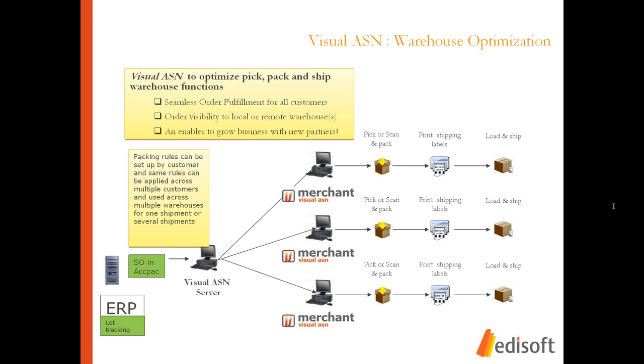Now, I'm also going to emphasize a number of benefits that are available through Visual ASN. Ability to set up your system to follow your business process and have it translate to your partner's EDI and label requirements. Also, when integrated to a transport management system or carrier management solution, the ability to import carton level tracking numbers and freight costs, and have this information posted back to your ERP system.